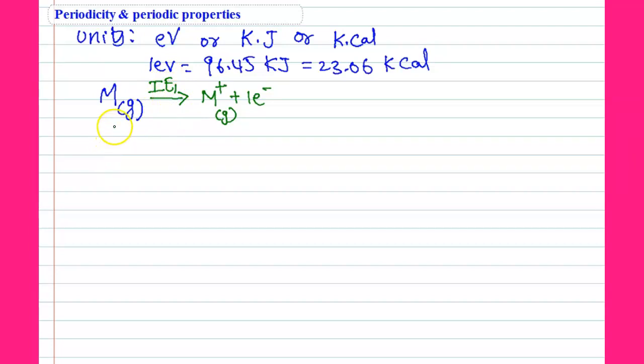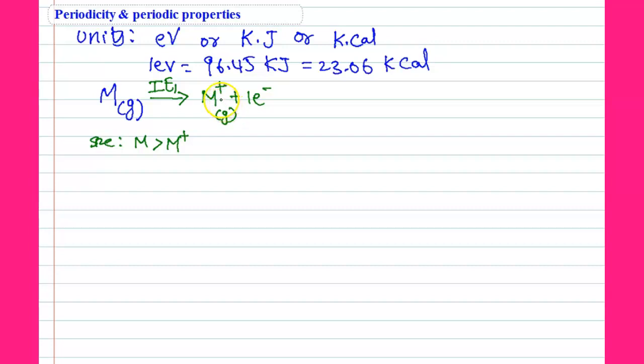Now see, students, compared to M, in size M is larger and M plus is smaller, because an electron is removed. When one electron is removed, the positive charge increases and attracts the electrons closer, so the size decreases. So size-wise, M is greater than M plus.